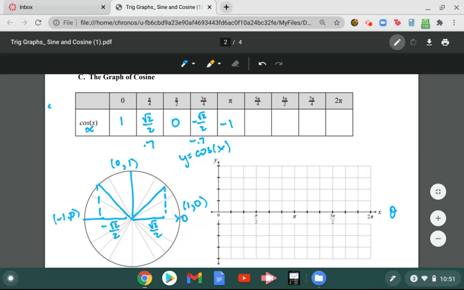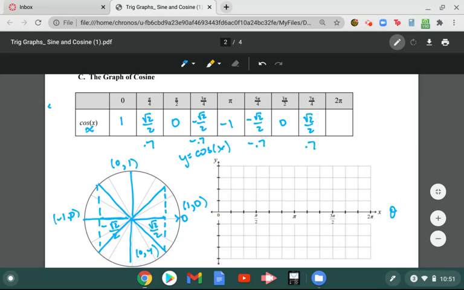As I continue to work around, I get another negative radical 2 over 2 for 5 pi fourths, which is negative 0.7. 3 pi halves straight down. This is the point 0 comma negative 1. So I get a 0. 7 pi fourths. Now my x's become positive, so I get a radical 2 over 2, positive 0.7.